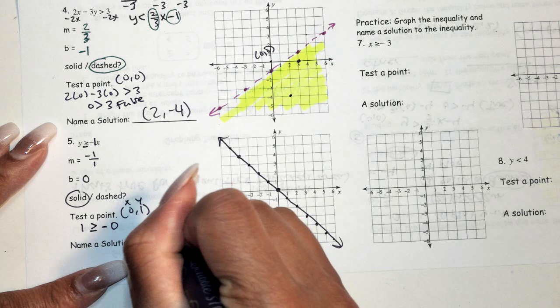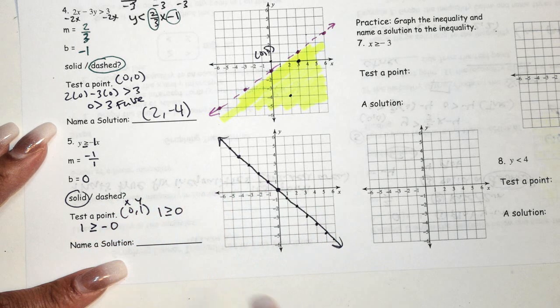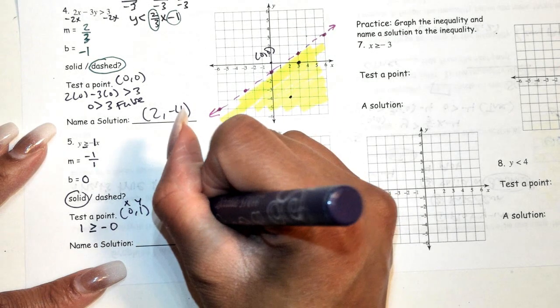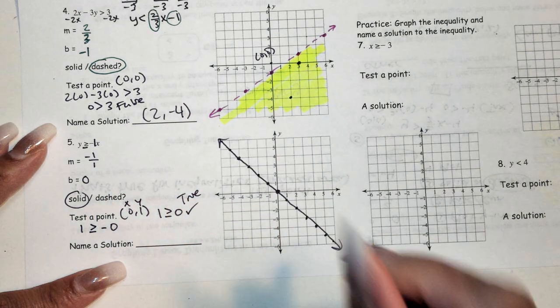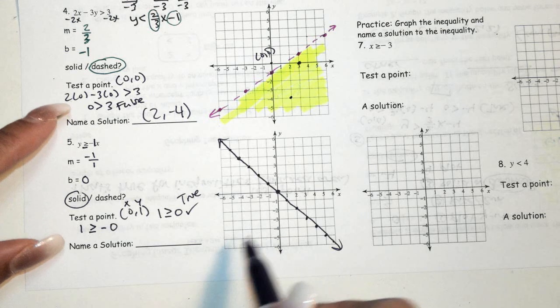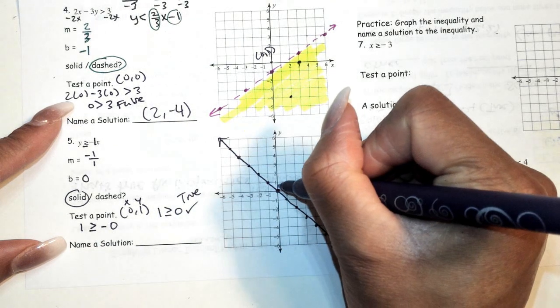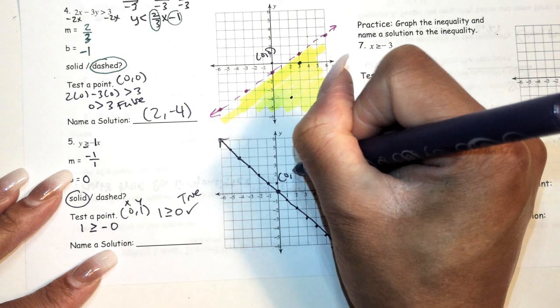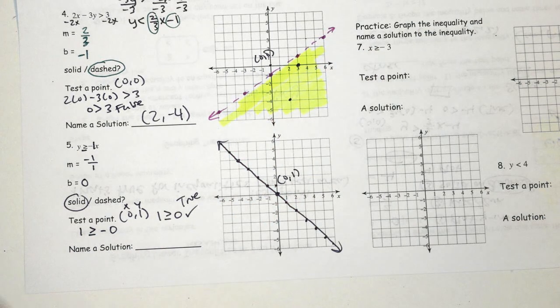So I just have 1 is greater than or equal to 0. And this is a true statement. If it's true, I'm going to shade that same side. So wherever 0, 1 is, I have 0, 1 here, I'm going to shade that area because it is true.